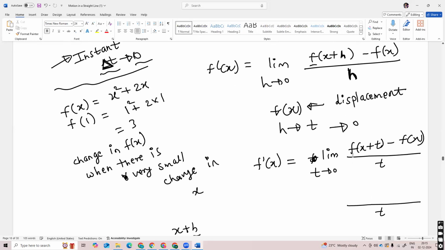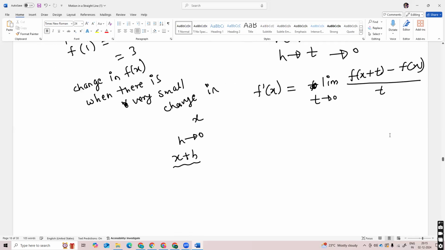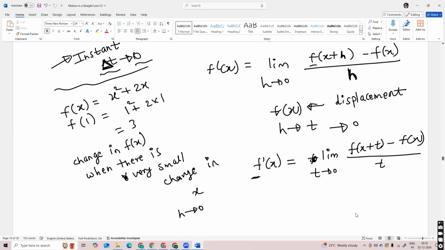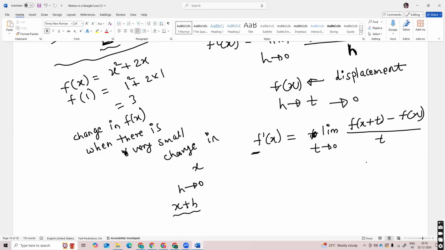So f of x is displacement, and the derivative of f of x is the change in displacement with respect to time when t tends to 0. So t tends to 0 is telling us about the instantaneous thing.